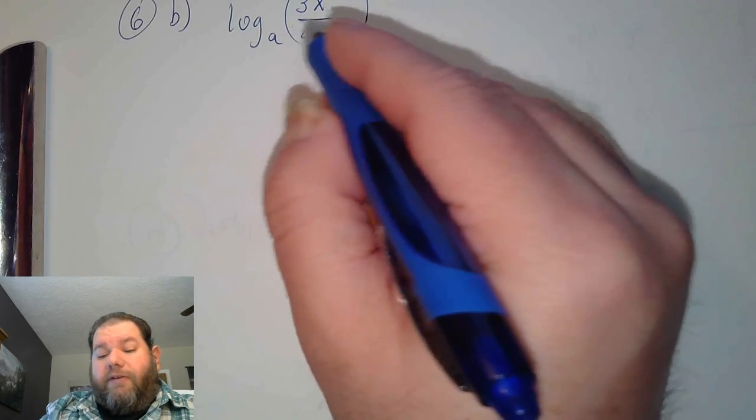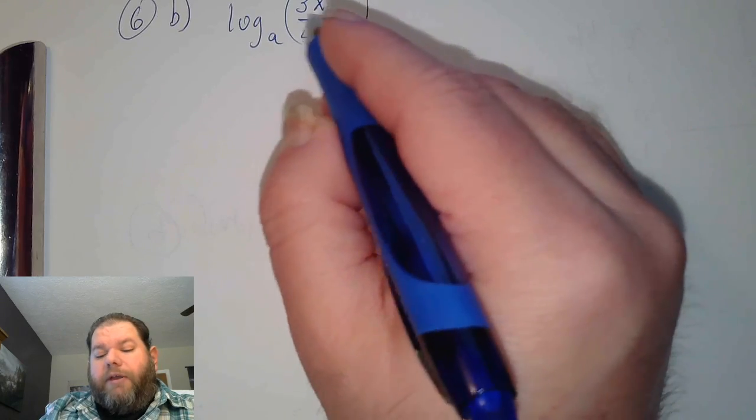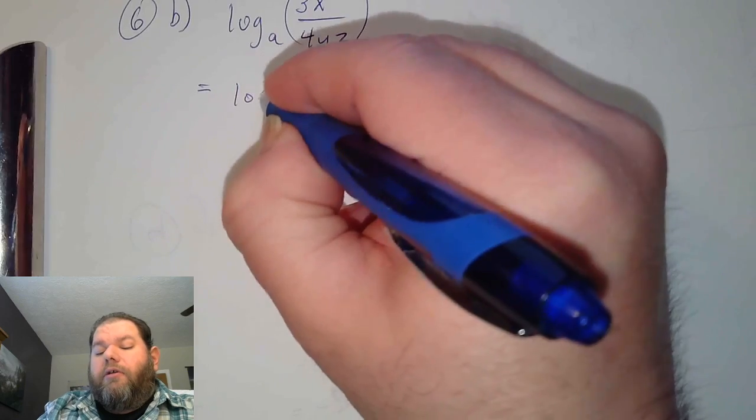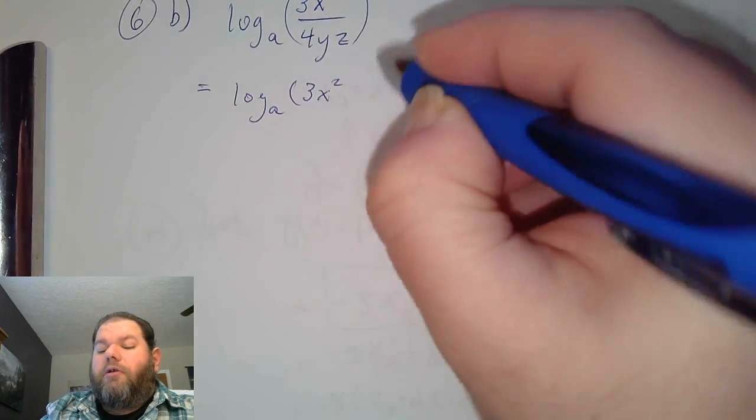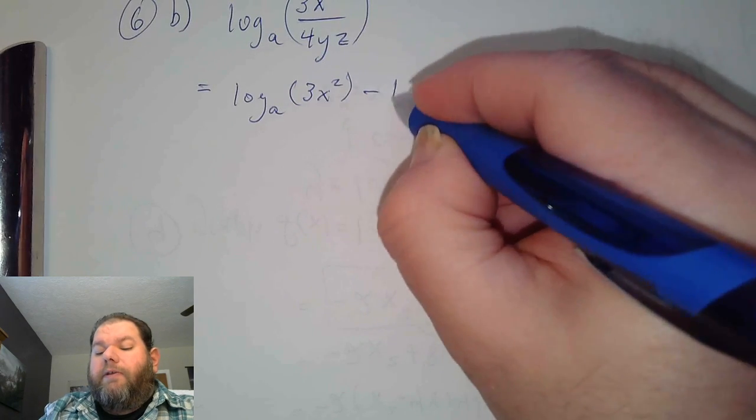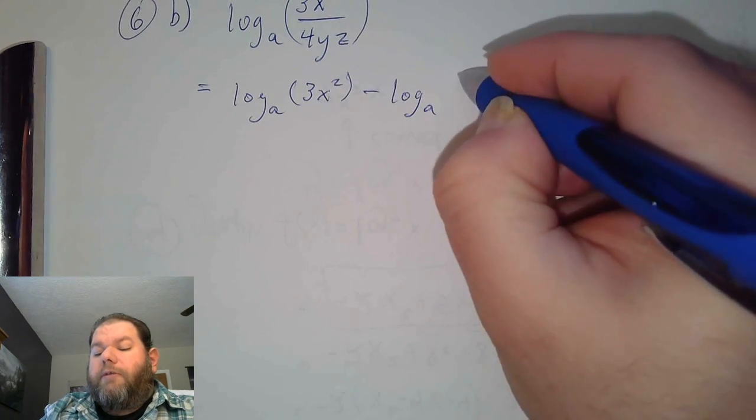First thing we have is this division. When we have a logarithm with a division inside, we can turn it into log of the numerator minus log of the denominator.